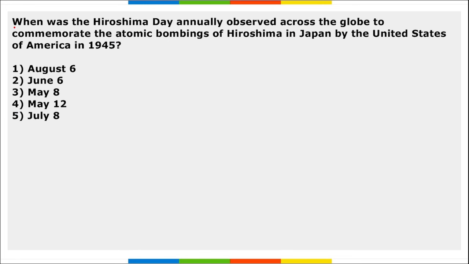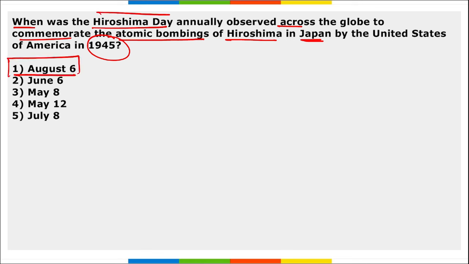Next, when was the Hiroshima Day annually observed across the globe to commemorate atomic bombings of Hiroshima in Japan by USA in 1945? So the first atomic bomb that was launched was on Hiroshima, right? And it was back in 1945, and it was on 6th of August. So 6th of August is observed as Hiroshima Day, and this year it was the 79th anniversary of this atomic bombing on Hiroshima, right?